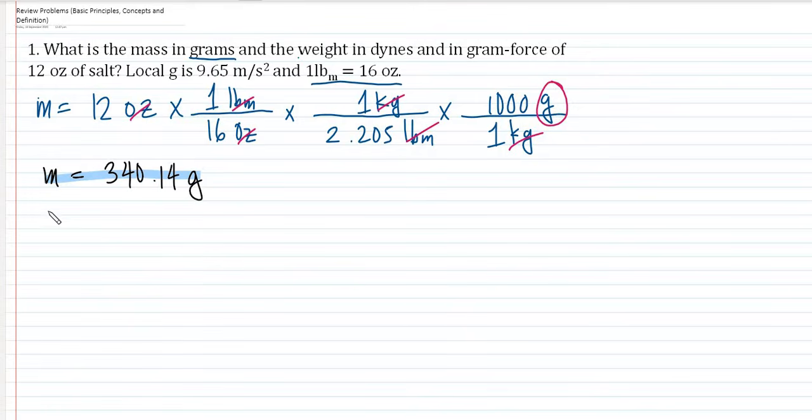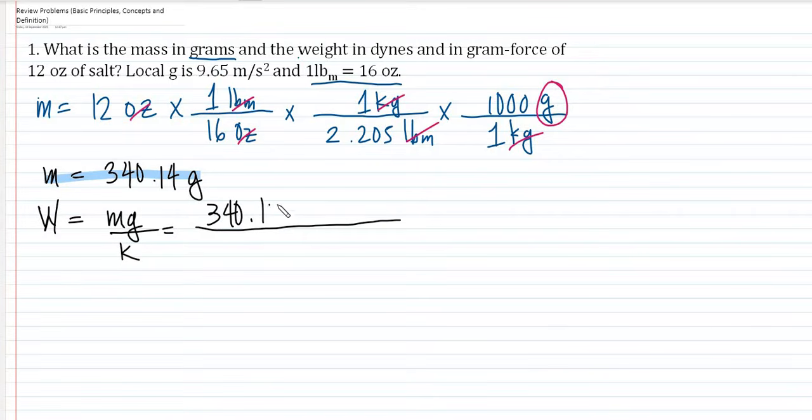For the weight, we will simply use the formula mass times g over k. The mass that we already have is the 340.14 grams. And if we are to get the weight in dynes, then the gravitational acceleration, which is 9.65 meter per second square, should be converted to centimeter per second square.